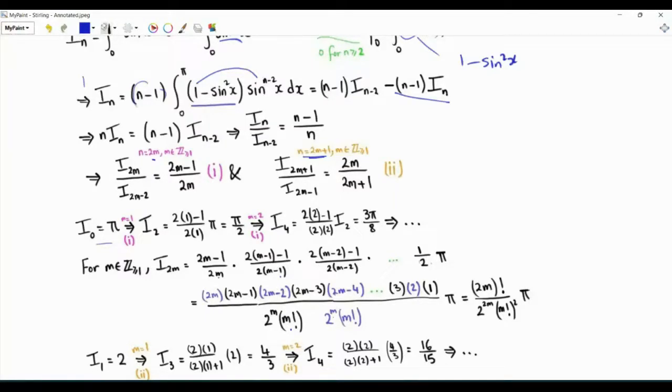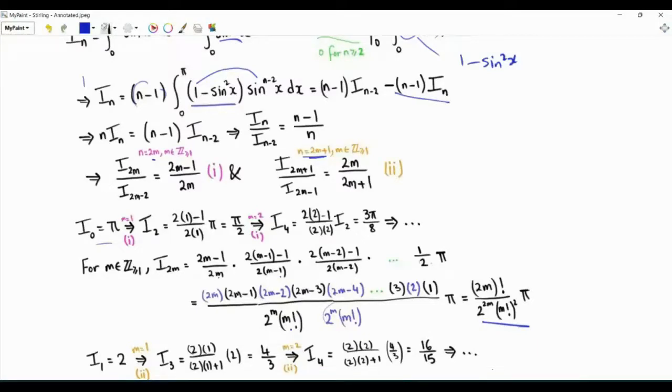So we need to divide by 2 to the m, and then m factorial, because from each one of those guys we can take a factor of 2. We have m terms, so we have 2 to the m, and then the remaining guys will be m by m minus 1 by m minus 2 and so on. That's factorial m. And so we need to have this guy in the denominator. Okay, so we have now this expression for I2m.